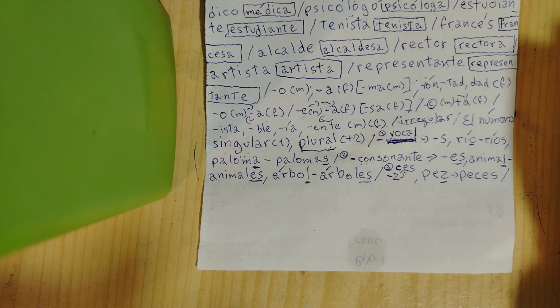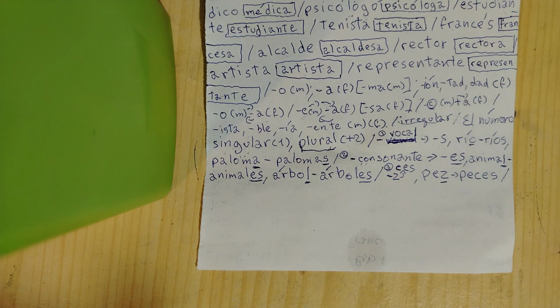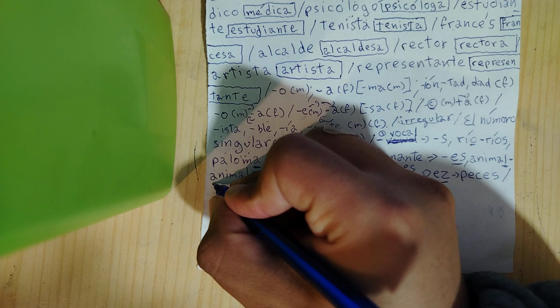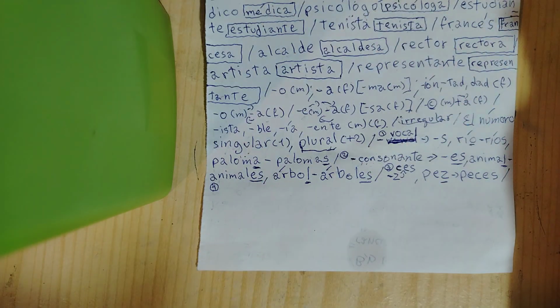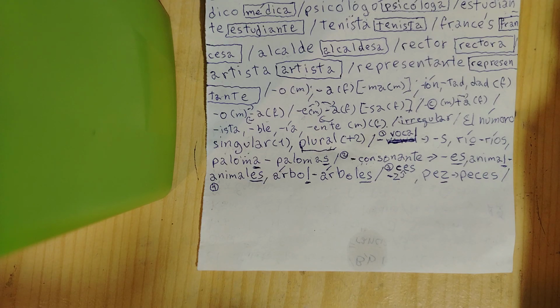Peces, I like it. Next one we have, let me see, the fourth rule is that if there is a noun, a sustantivo, that maybe it is singular, it could have a plural meaning.